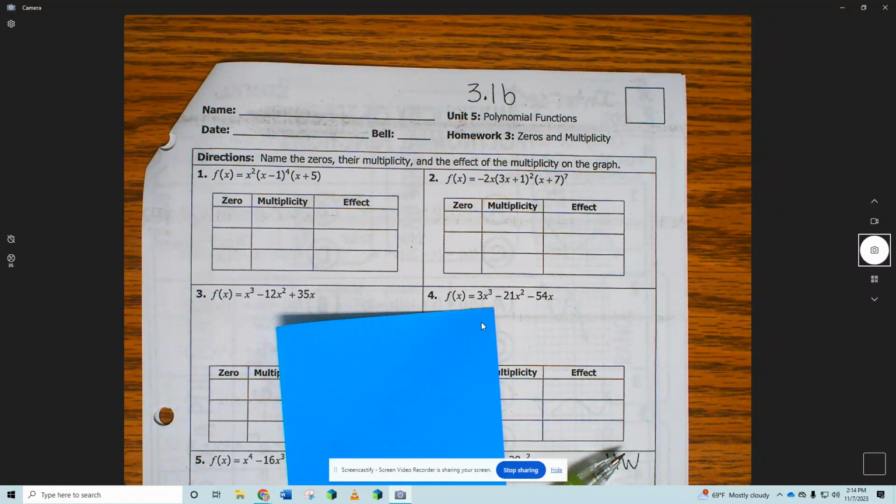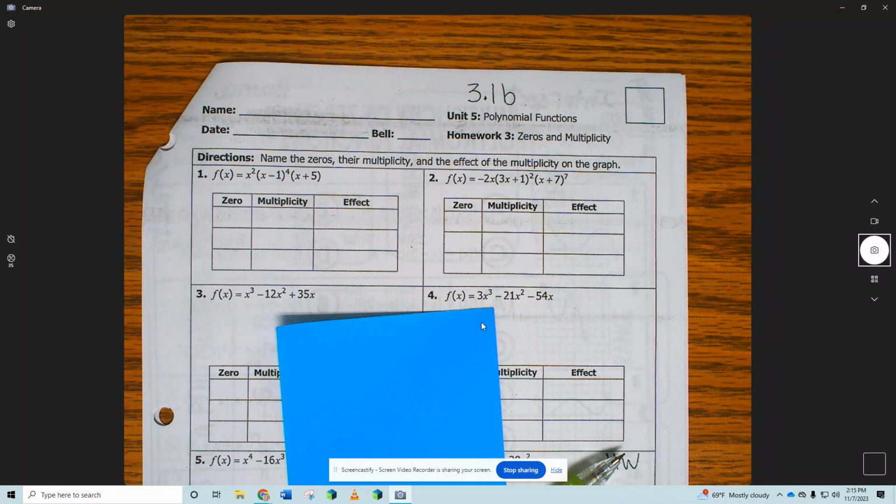X squared. This is called the parent function. Let's graph y equals x squared, a simple parabola. Origin at 0, 0. Over 1, up 1. Over 2, up 4. Right? Isn't that what I did with you again and again last year? Does this cross the x-axis?